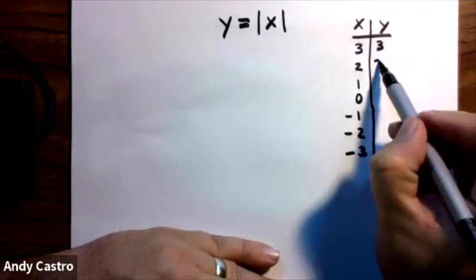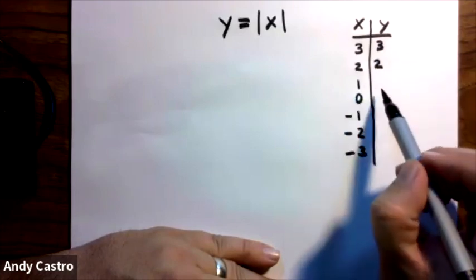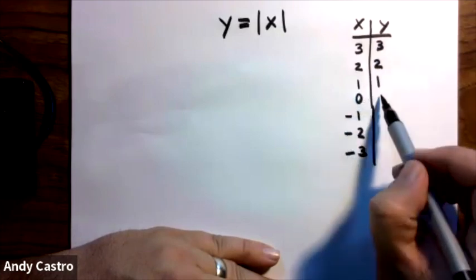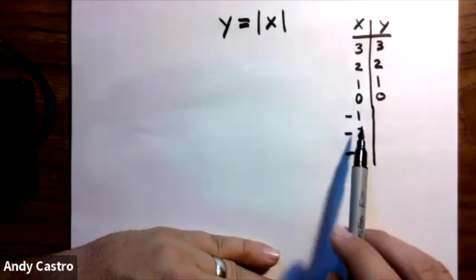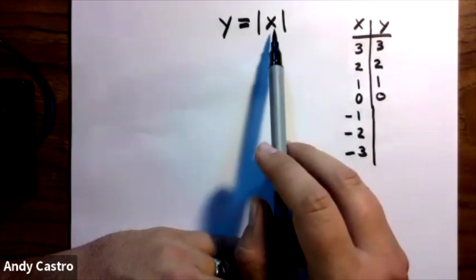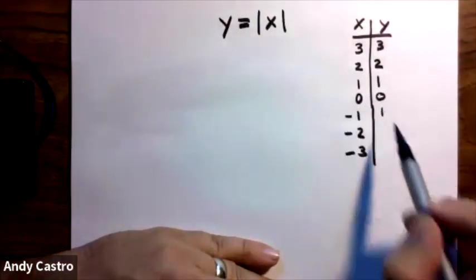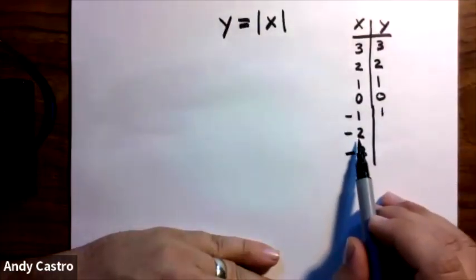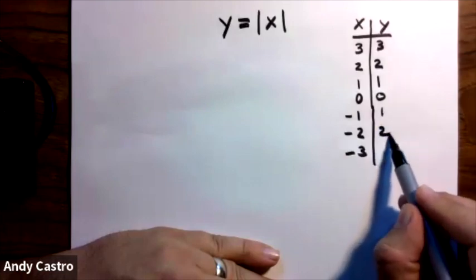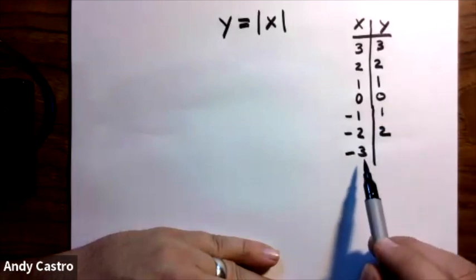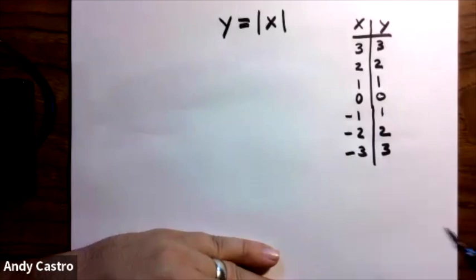The absolute value of 2 would be 2. The absolute value of 1 would be 1. Of 0 would be 0. If I plug in -1 for x, the absolute value of -1 would be 1. The absolute value of -2 would be 2. And the absolute value of -3 would be 3.